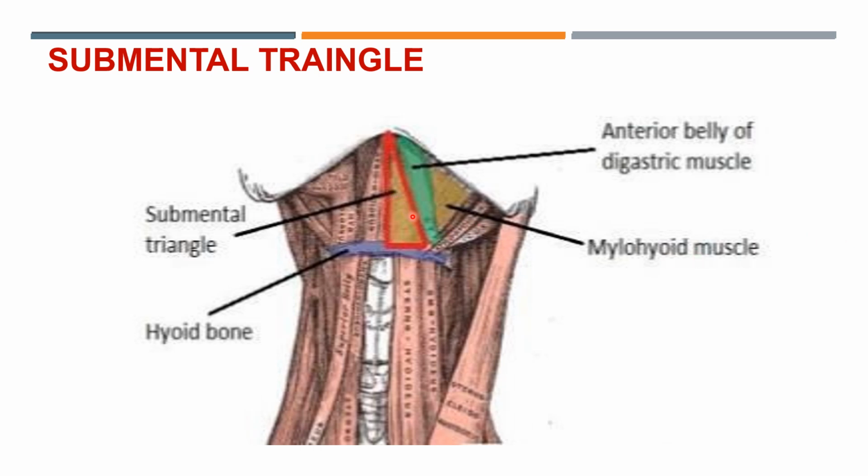For each triangle, we need to know the boundaries of the triangle, the roof and the floor that form the triangle, and the contents that are found inside this triangle. So let us start with the submental triangle. It has a floor. Okay, the floor is formed by the mylohyoid muscle, which is deeper here, mylohyoid muscle, and hyoglossus muscle.